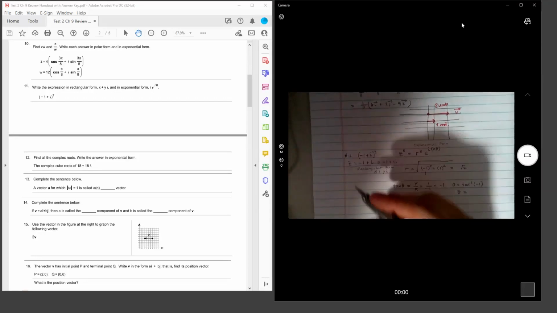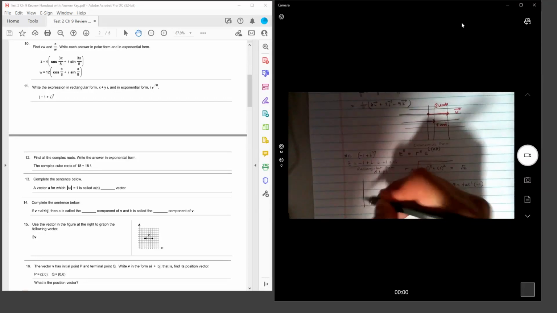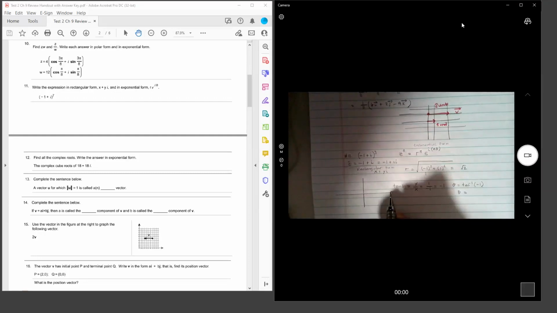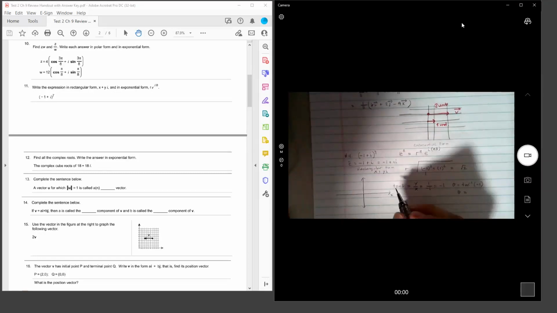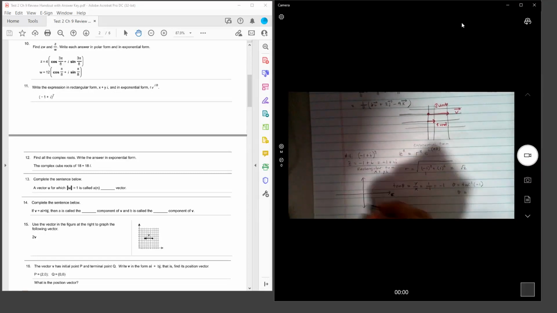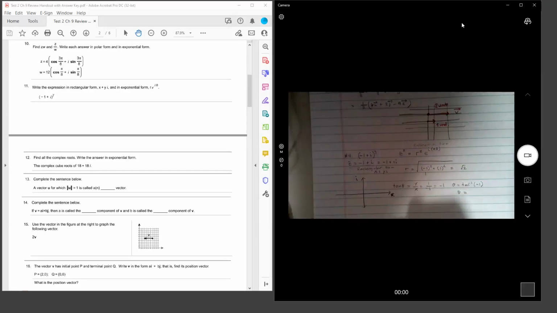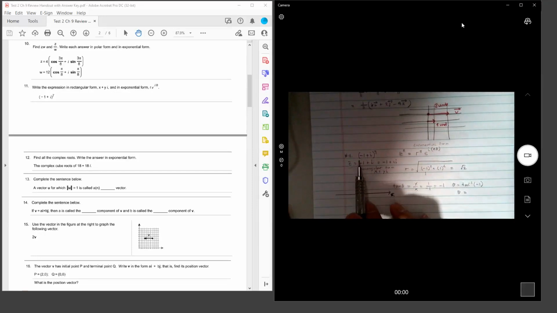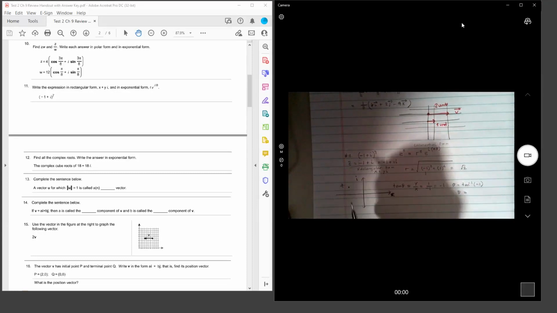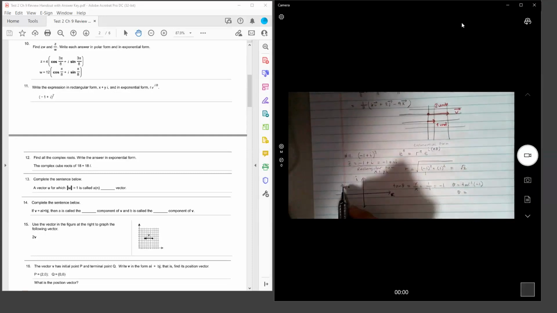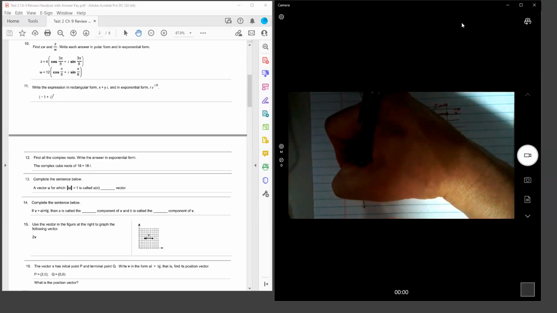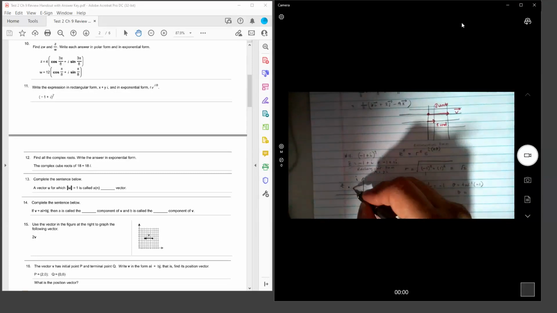The reason is that tangent is negative in two quadrants, quadrant 2 or quadrant 4. I should have put here real and imaginary. This complex number is negative, so it's somewhere here. What we could say is quadrant 2, where the angle form will be this angle right here, theta.